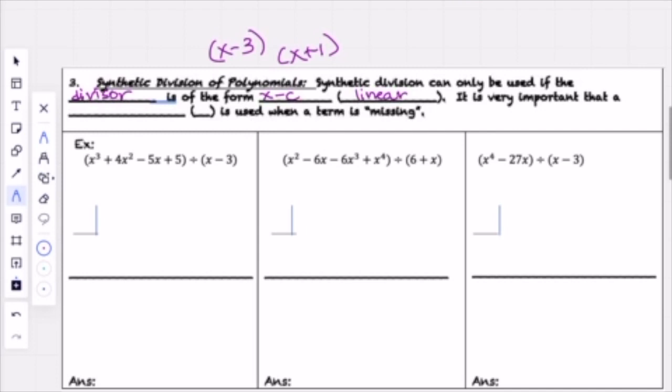It's really important that a placeholder of 0 is used when a term is missing. And like long division, we are also going to use standard form, so we want to write our terms in the correct order.